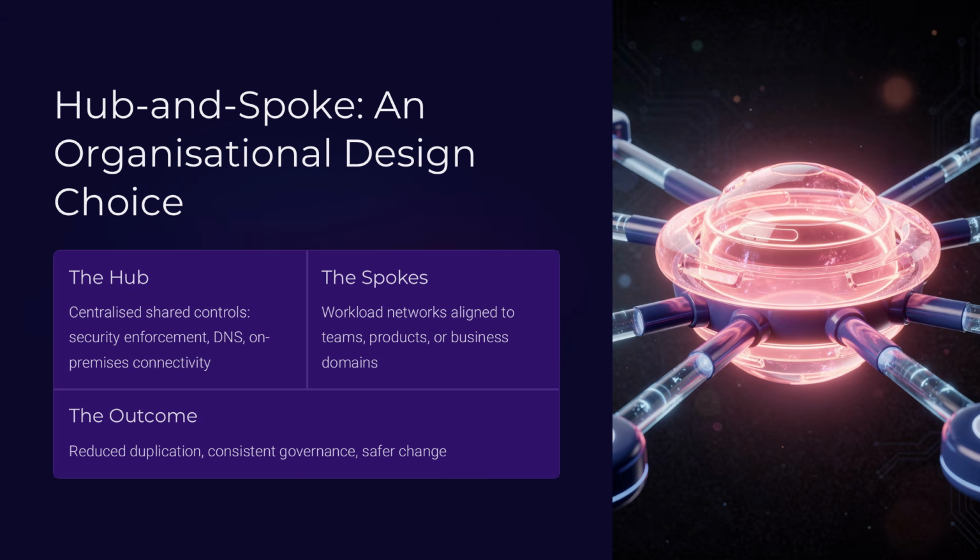The spokes are where workload networks live, aligned to teams, products, or business domains. This pattern reduces duplication, supports consistent governance, and makes network change safer because critical shared components are managed centrally rather than re-implemented differently by every team.